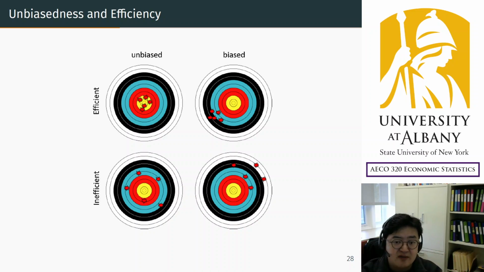Sometimes you hit there and it goes there and there. So the center of the target is correctly aligned, but the variability is larger. So this result is inefficient. This gun is less efficient than this one.